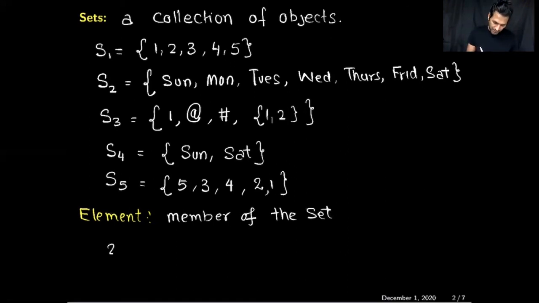For example, 2 is a member, and we can say that 2 belongs to set S1 because 2 is a member of set S1, and also 2 is a member of set S5.